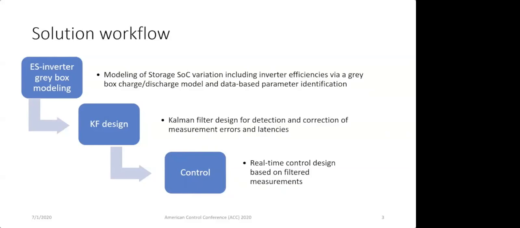We basically aim to get a gray box model of the power flow out of the energy storage and PV system by measuring the outputs and using system identification techniques. The second step involves the design of a Kalman filter, where the goal is, using some output measurements, to estimate and reconstruct the output using a Kalman filter.